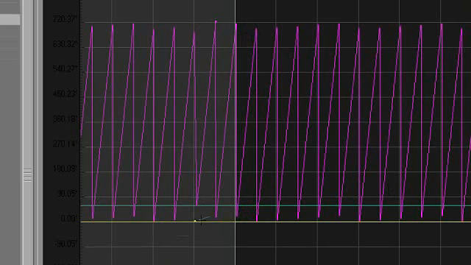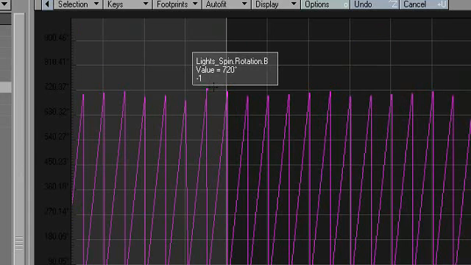So this key is set to a value of 0. This is set to 720, 360 times 2, because the blur length is 50%. So you double that and the blur will be stretched out to fit the whole rotation and what have you.